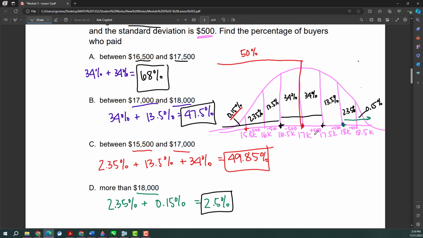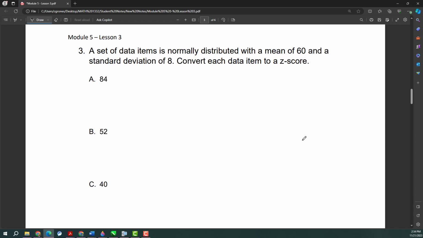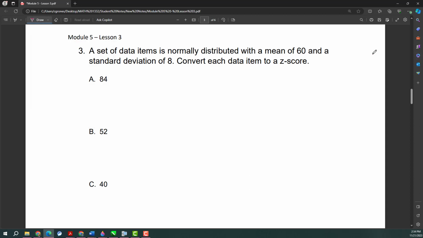All right. The next exercise, we are converting the data items to a z-score. So the data items can be pretty much anything.